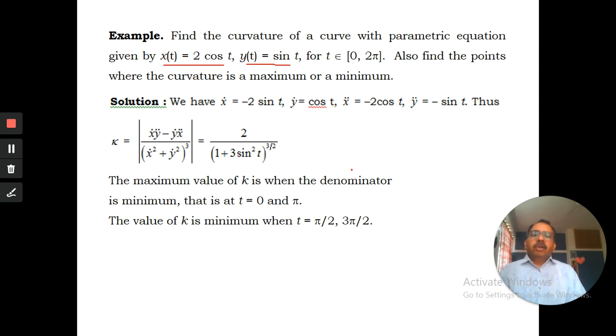So substitute the values, you will get the values of curvature, and the second part asks to find the maximum and minimum value of curvature. So when the denominator is maximum, the curvature is minimum, and when the denominator is minimum, the curvature is maximum. So just find the minimum and maximum values of sin t when t lies in this interval.